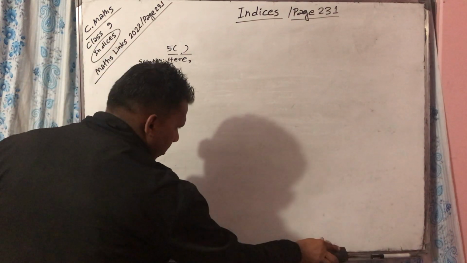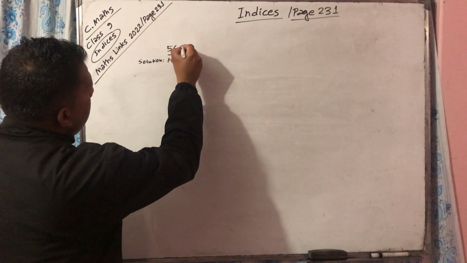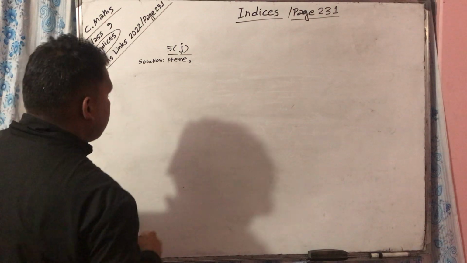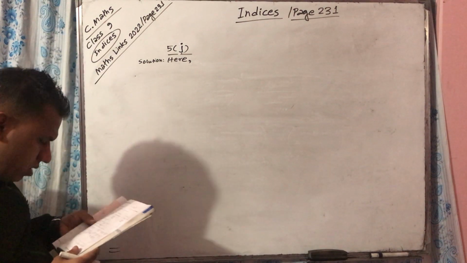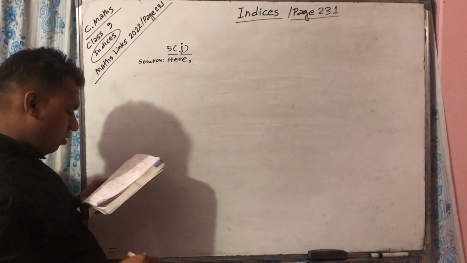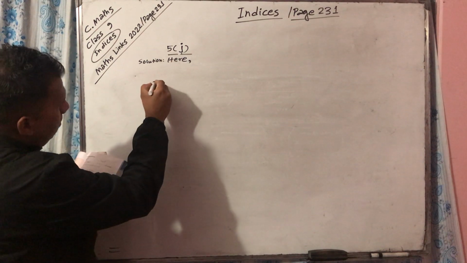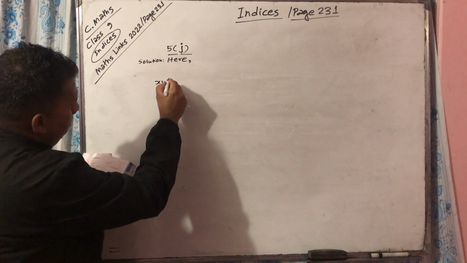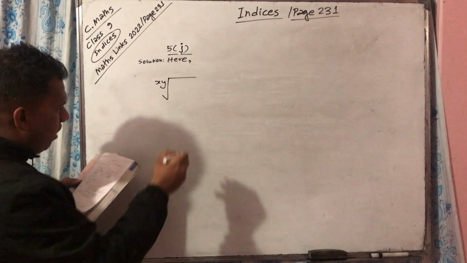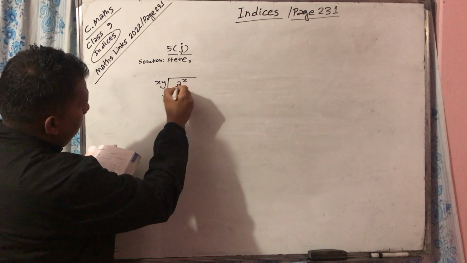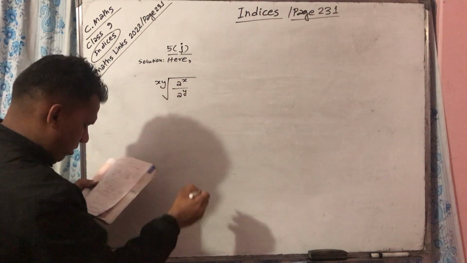On 5J, we have xy root a to the power x upon a to the power y.